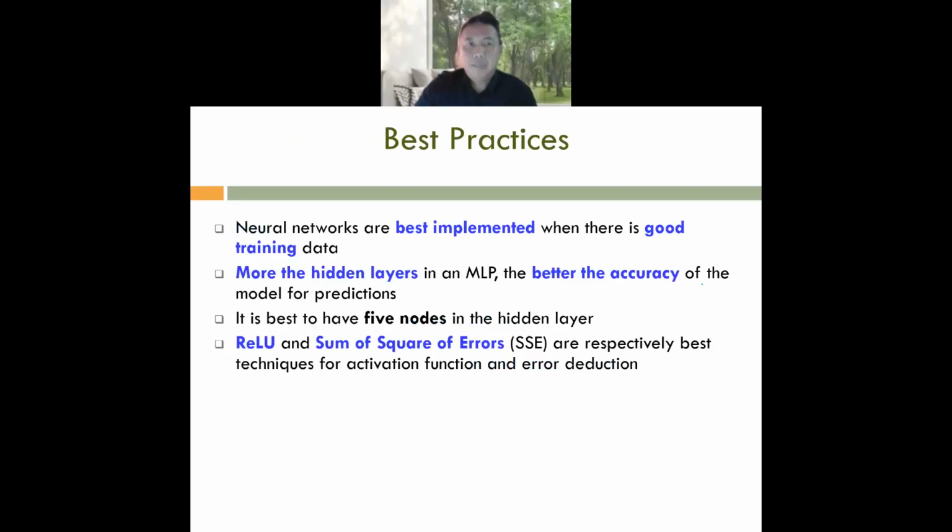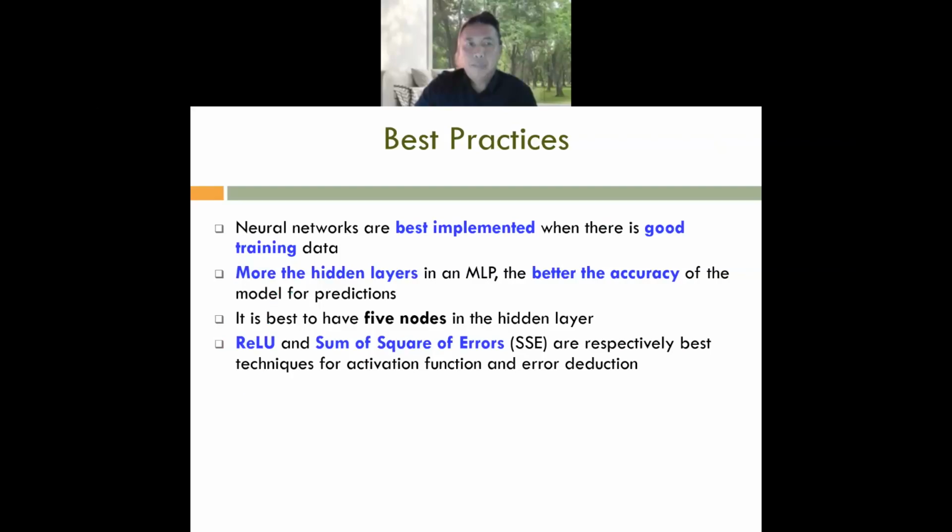They also said neural networks are best implemented when there is good training data. So if you have plenty of samples, plenty of data, you can use a neural network. But if you have just a small sample of data, your model could be overfitting or underfitting. Okay?